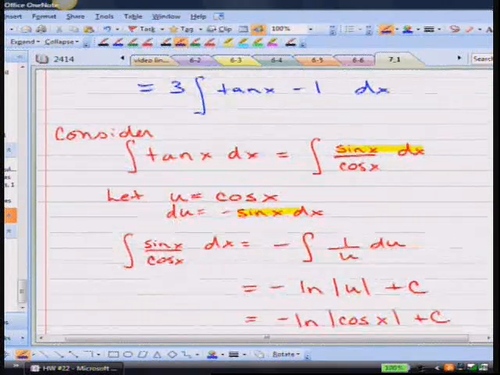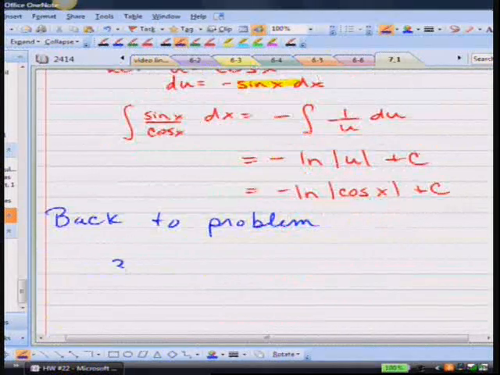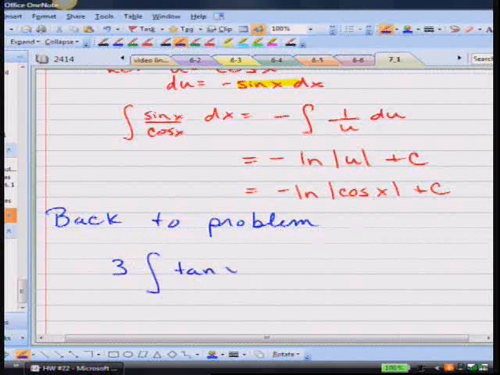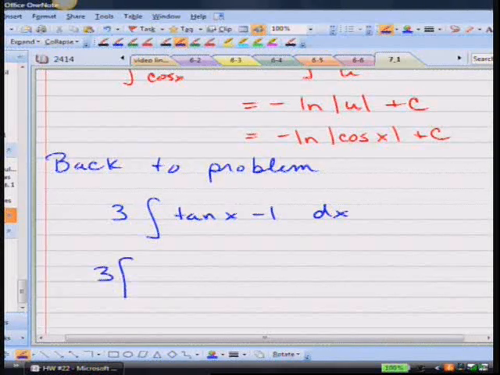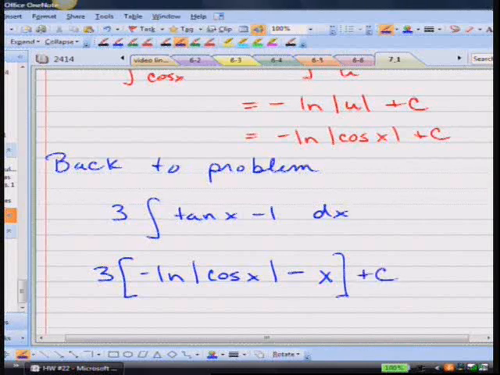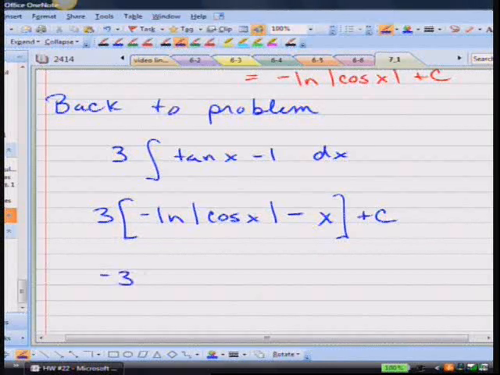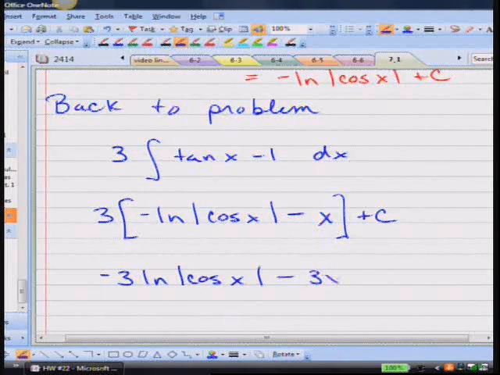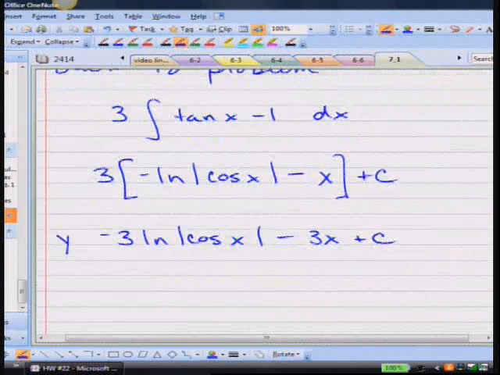Okay, so coming back to the blue. It was 3 times the antiderivative of tangent x minus 1. You now know that's going to be 3 times the antiderivative of the tangent, which is negative ln absolute value cosine x, minus the antiderivative of 1, which is just x, and then plus c. And I guess if you want, you can distribute this 3 through. But you're not quite done, because that's y.